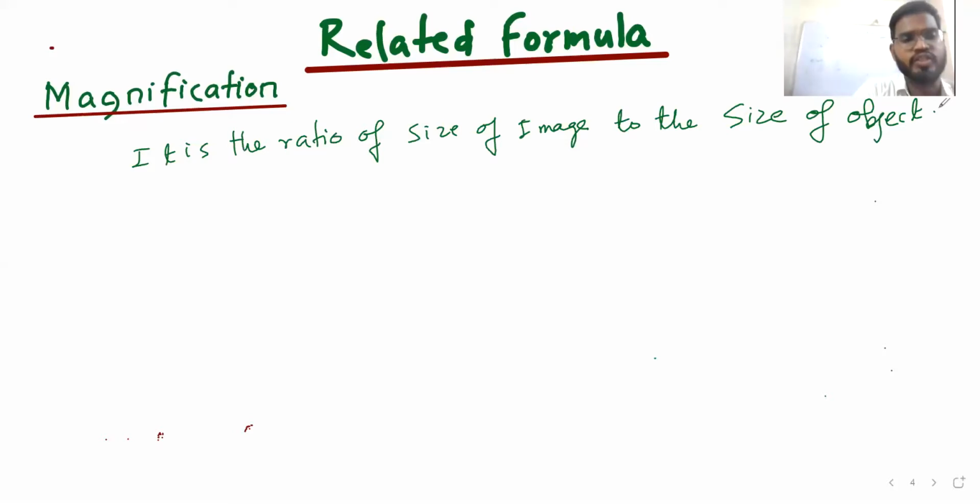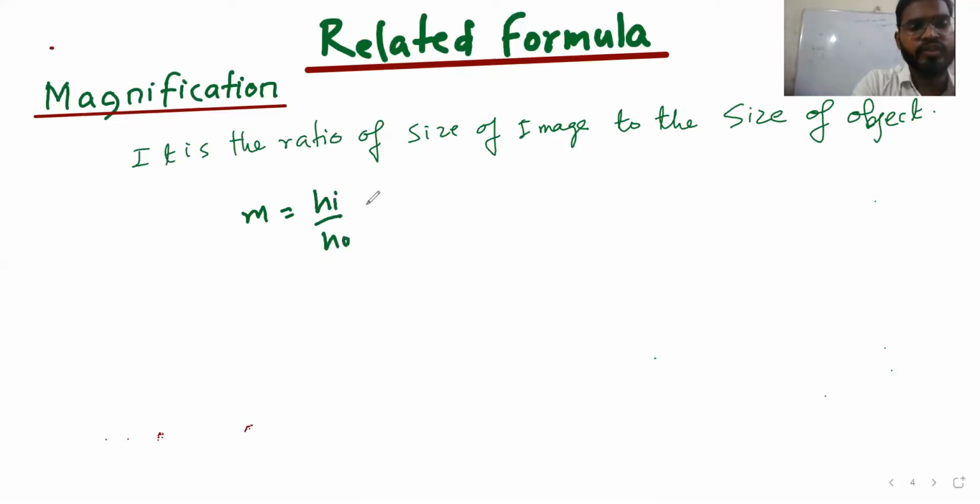So magnification is hi by ho, or we can say minus v by u.